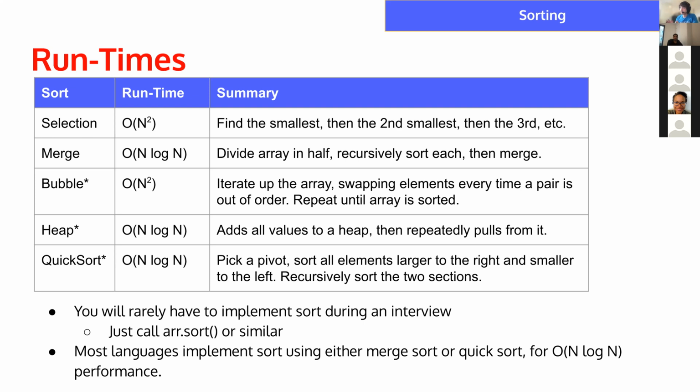And indeed, that is more or less the fastest you can do a general sorting algorithm. So I think the important takeaway here is that with some of the naive sorts, like selection sort or bubble sort, you can have n squared performance. But by default, if you're talking about an algorithm and you call sort somewhere in there, assume it's going to be n log n. Most of the time, interviewers will just take that for granted.